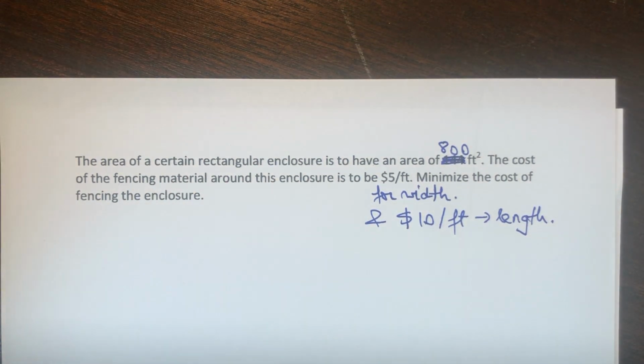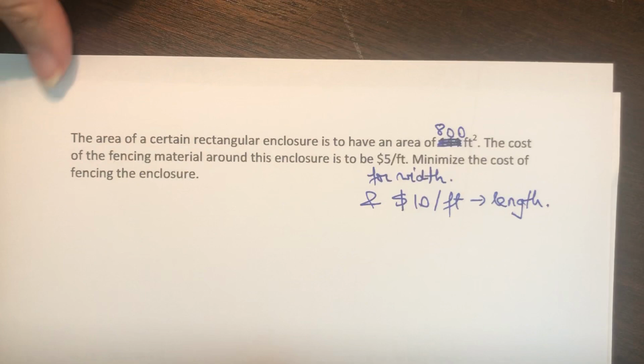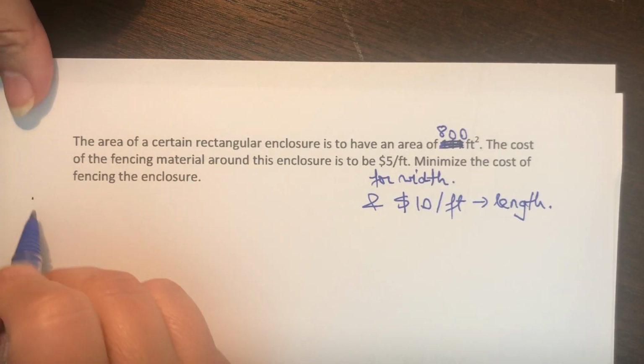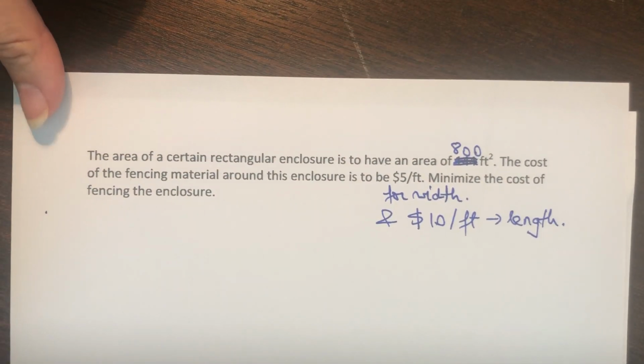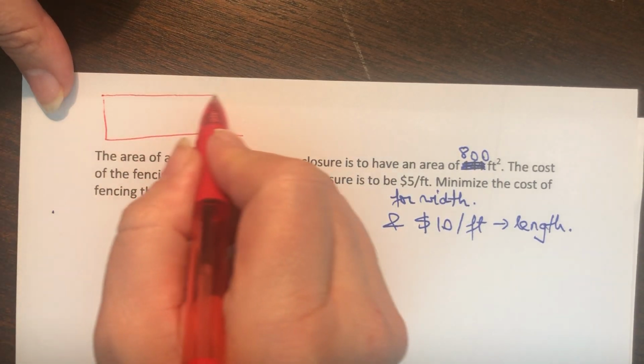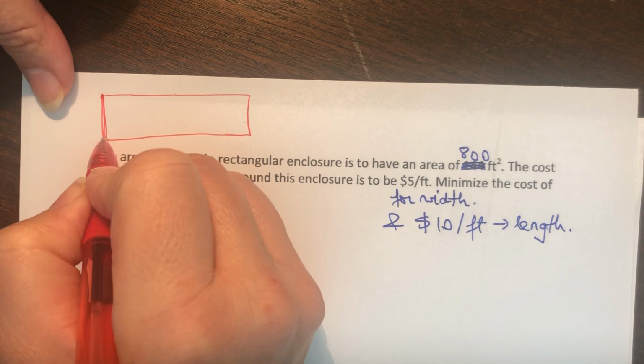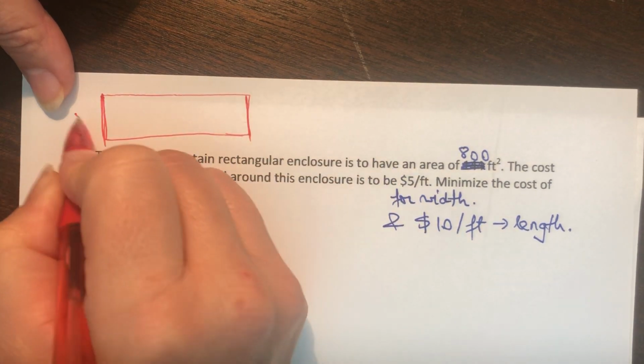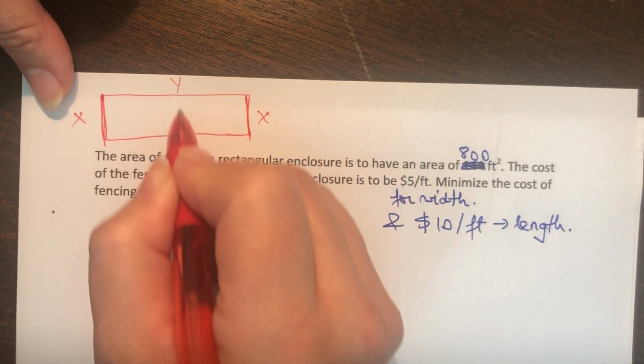So what do I know? I want to minimize, here, let's draw this enclosure. I'm going to draw it up above to save some room. This is my enclosure, a rectangular enclosure. So you have a width and you have a length.